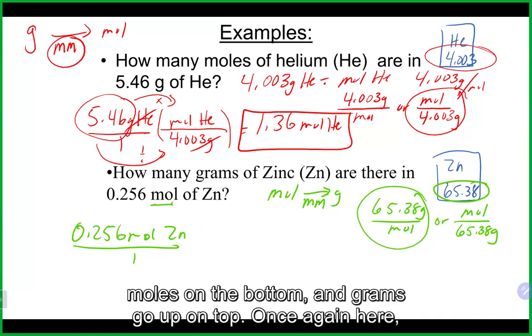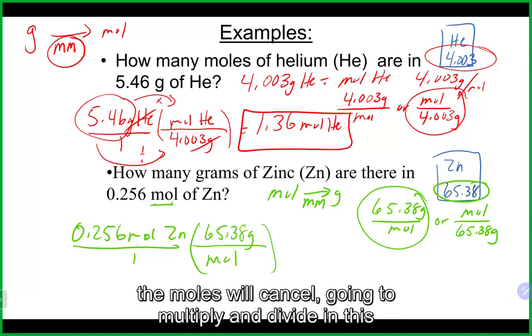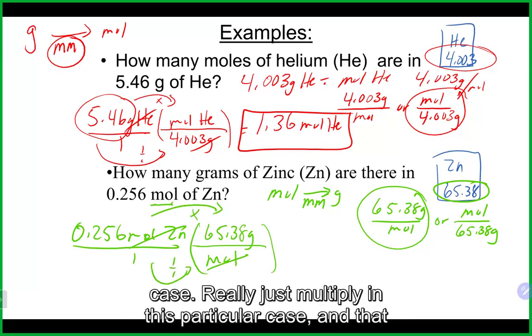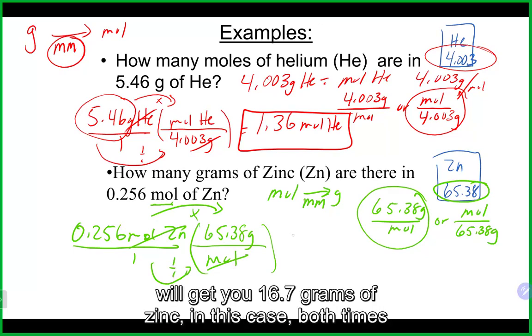It puts moles on the bottom, and grams go up on top. Once again, the moles will cancel; we're going to multiply and divide, in this case really just multiply. And that would get you 16.7 grams of zinc.